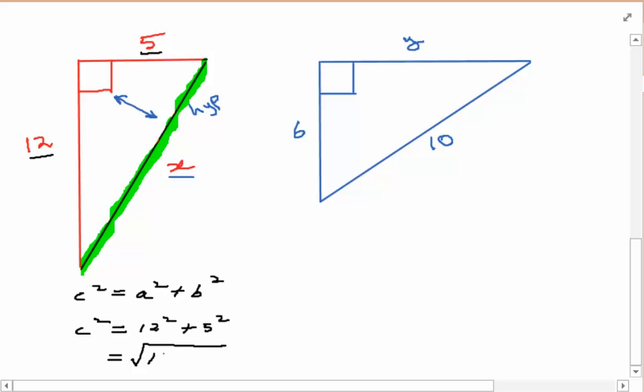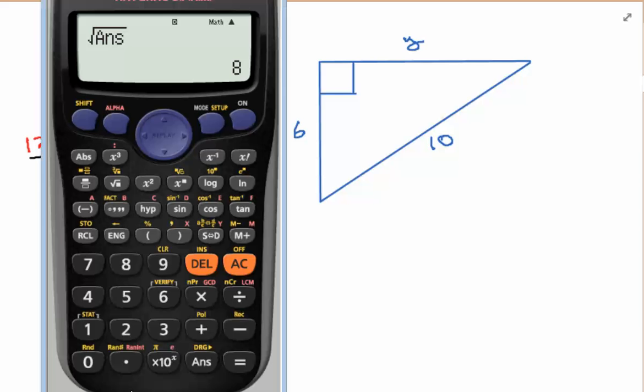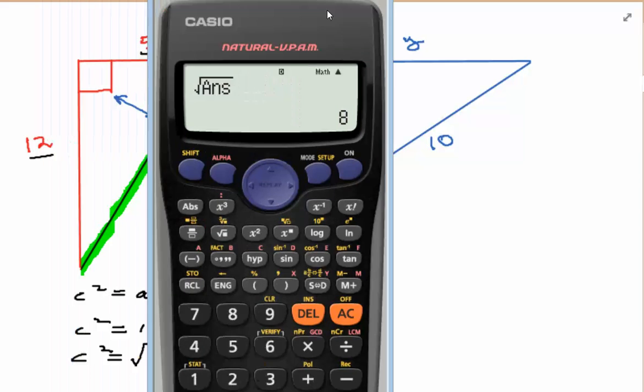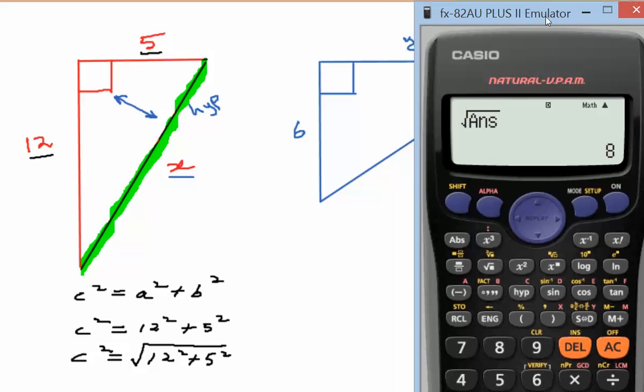So we just need to go to a calculator. And I'll go to my calculator. Calculator's a bit cut off.